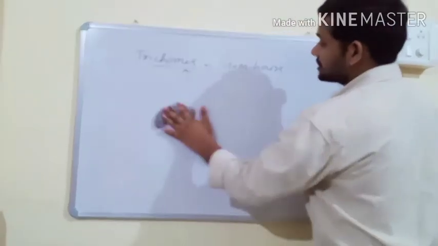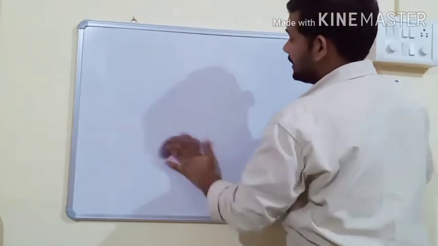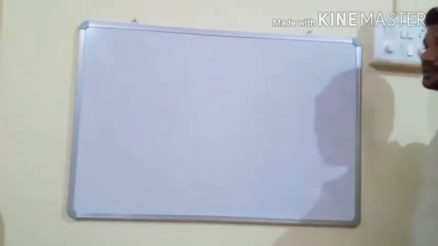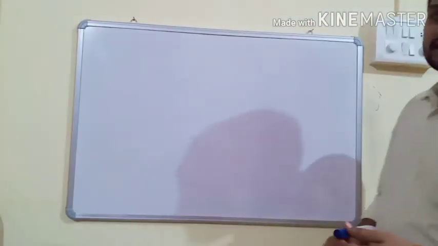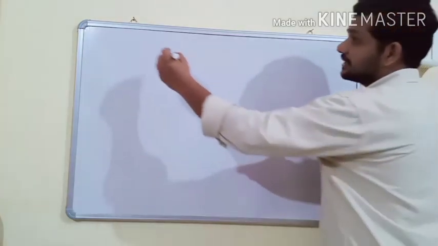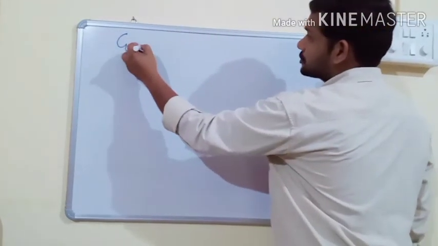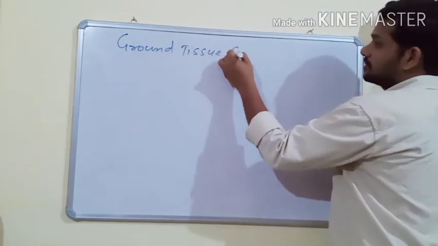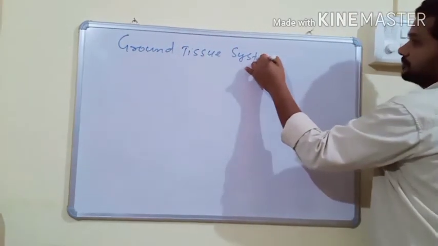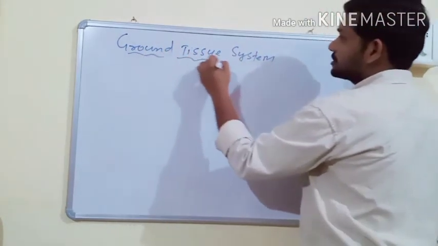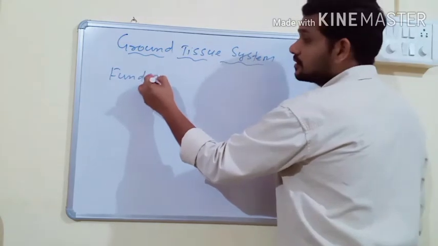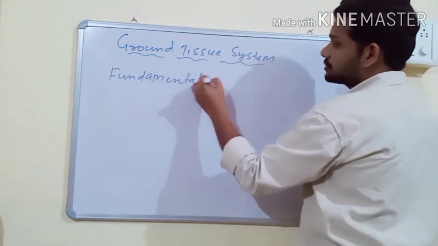The epidermal tissue system acts as the protective layer of the whole plant body. It has various tissues: epidermis, stomata, root hairs and trichomes. The second tissue system is the ground tissue system, also known as the fundamental tissue system.